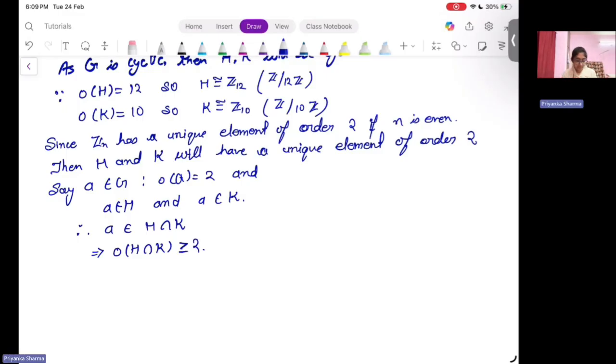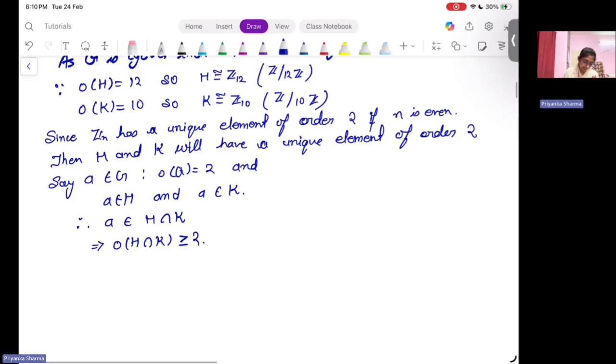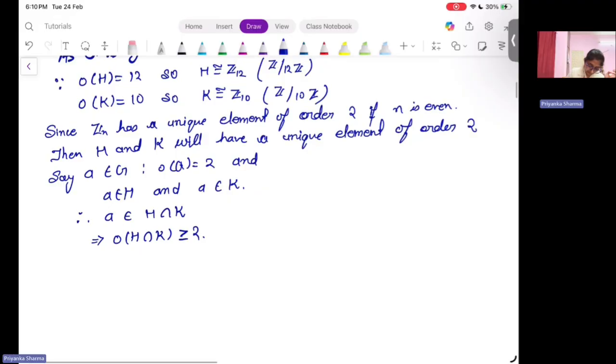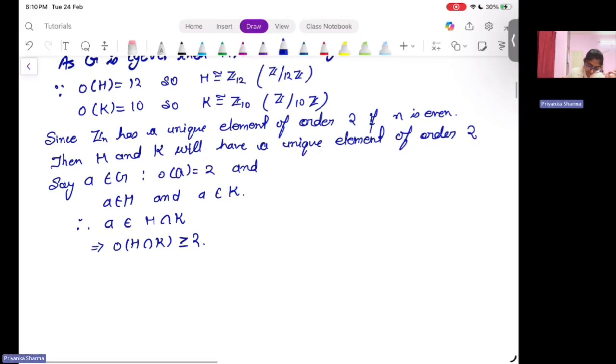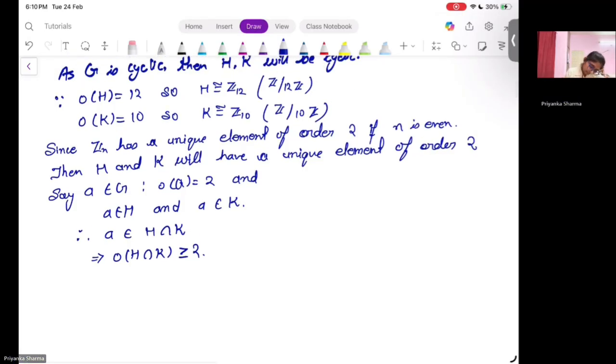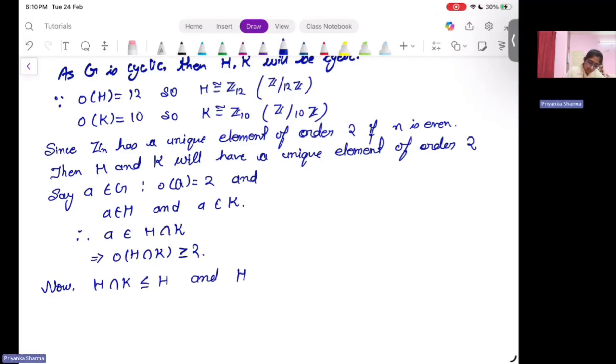Because identity will be there always, and we get another element other than identity, which is A, and that is an element of H intersection K. So its order can be either 2 or greater than 2. Okay, now H intersection K is a subgroup of H, and H intersection K is a subgroup of K.